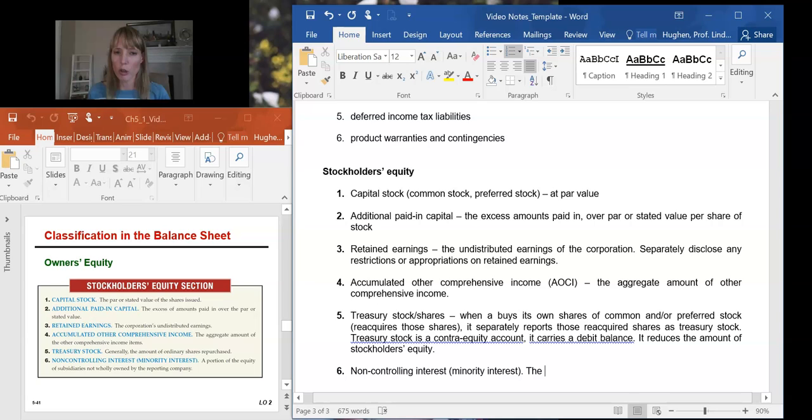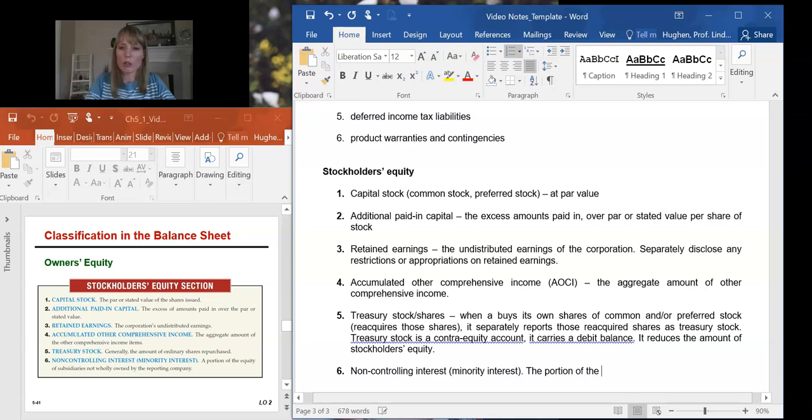But it doesn't actually own 100% of the assets, and it's not obligated to pay off 100% of the liabilities. That portion of the net assets, the assets less the liabilities, that the company does not have ownership in. So if the parent has a 70% interest in a sub, that additional 30% of the net assets minus liabilities is subtracted out of the stockholders' equity section.